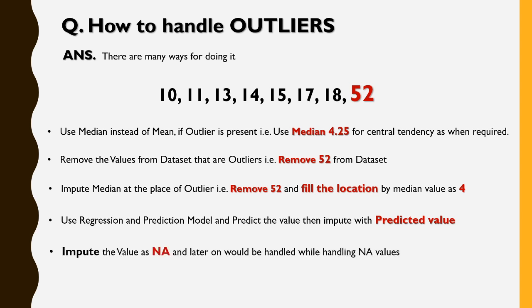And the method which I like is to impute your outliers with NA, so that in your next step of data cleaning, when you clean your NA values, these outlier values will also be imputed along with the NAs, and both tasks will be done simultaneously. So try to handle the outliers in this manner, and then you can work on your data very clearly.